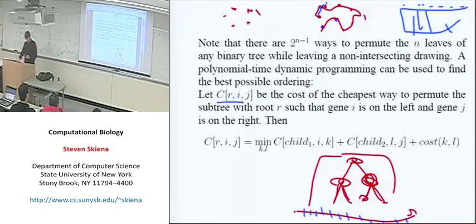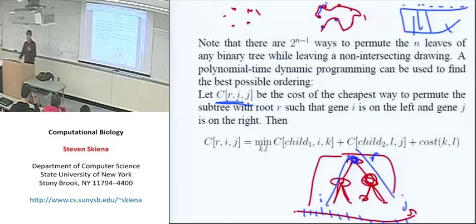Let C sub R ij be the cheapest way to order a subtree labeled R with a root of R, where gene I is on the left and gene J is on the right.